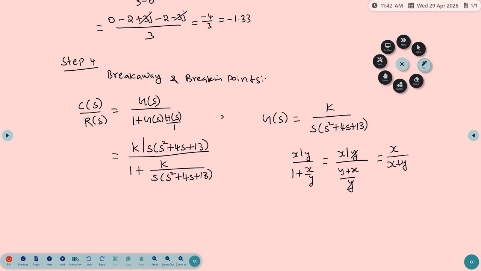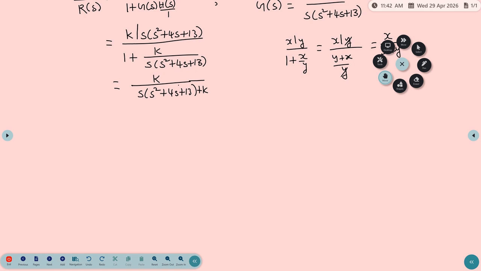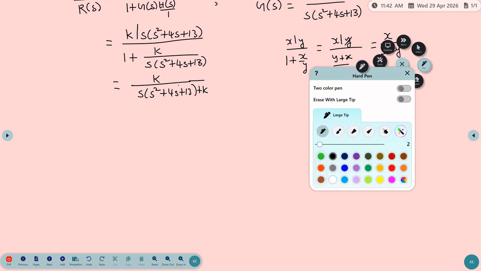So if you are comparing these equations with the given expression, x equal to K, y equal to S into S square plus 4S plus 13, so we can write x, that is K, divided by, in the denominator we need to add both the terms, so I can write S into S square plus 4S plus 13 plus K. So this is a simplified version of this closed loop transfer function. Now we know characteristic equation means we should equate the denominator of the closed loop transfer function equal to 0.